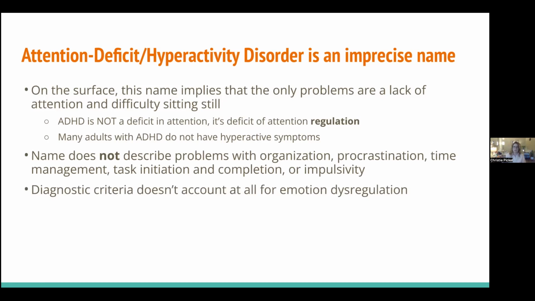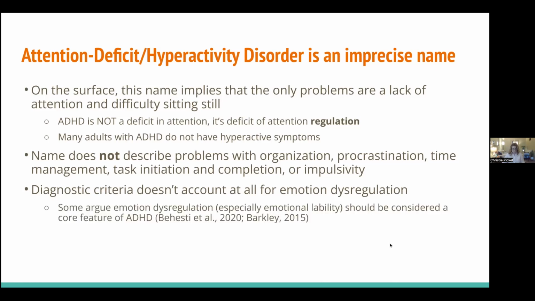Another aspect that's currently not in the diagnostic criteria is emotion dysregulation. One of the ways that these difficulties with inhibition and impulsivity can play out is really emotional lability. So you might see low frustration tolerance.